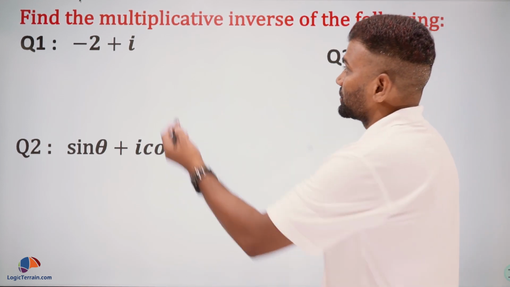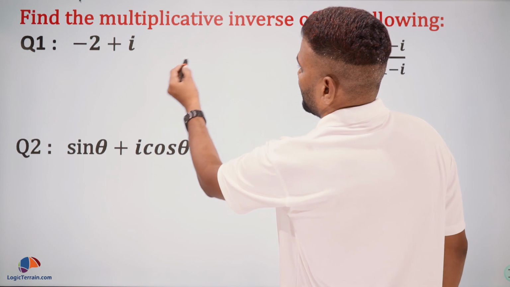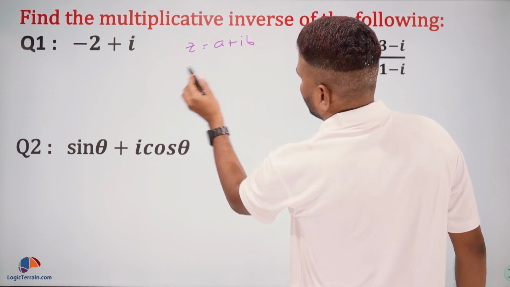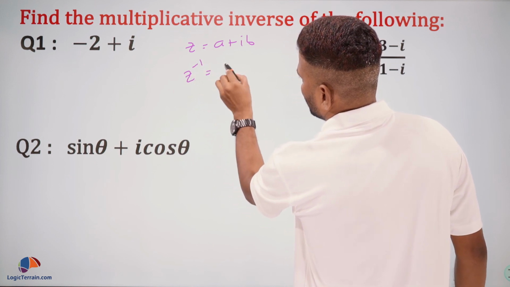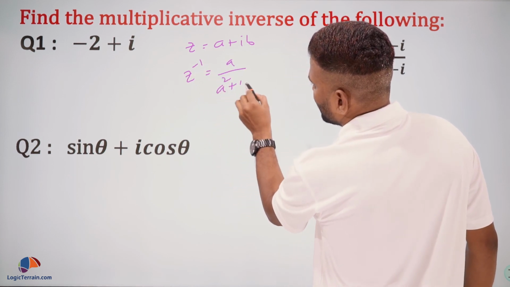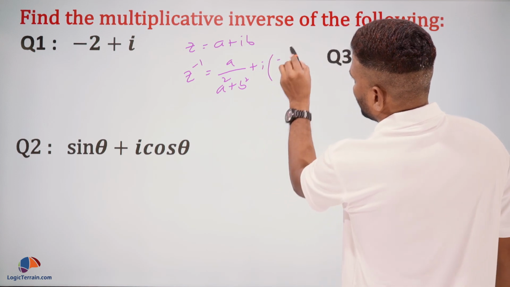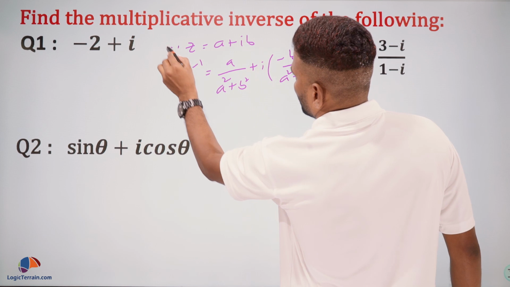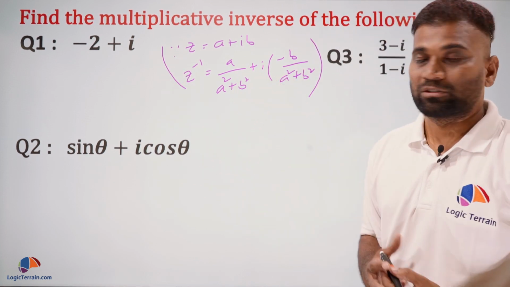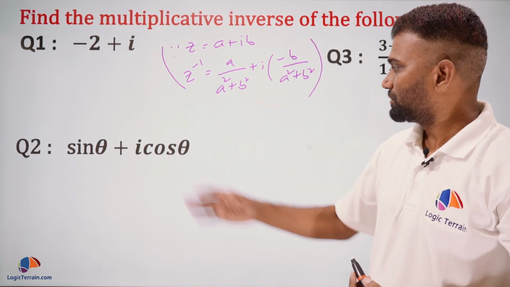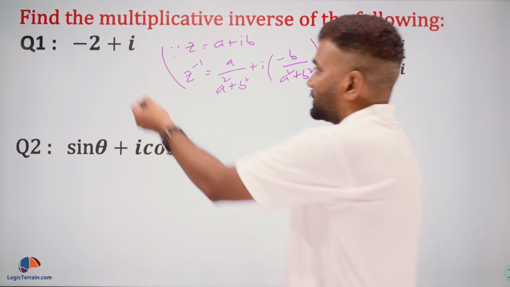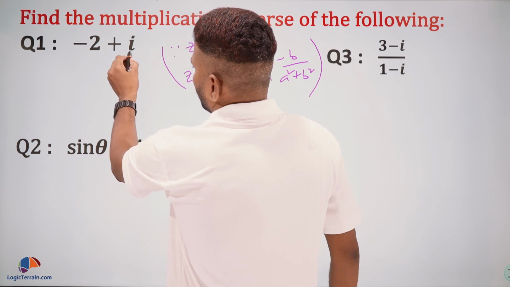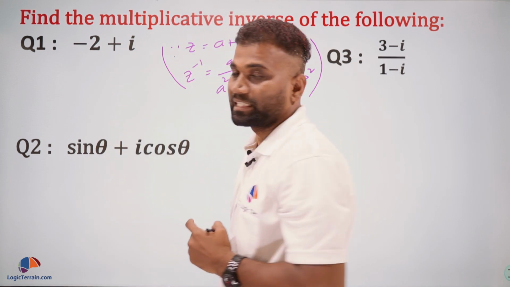Okay. So, we know the multiplicative inverse of a complex number. If z is a complex number a plus ib, then the multiplicative inverse z inverse is equal to a upon a square plus b square plus i of minus b upon a square plus b square. So, by using this rule, we will find the multiplicative inverse for the given examples. So, here this is z, here a is negative 2 and b is the i coefficient, that is 1.